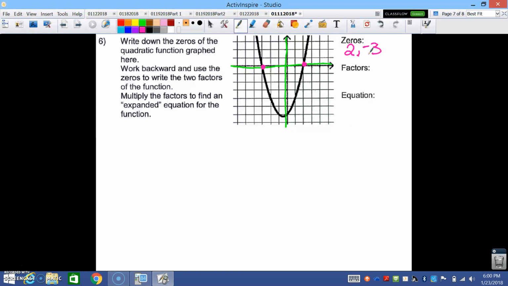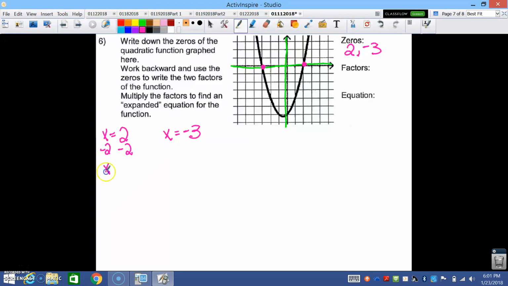Okay, and since they're zeros, we know that x equals that, so we can put x equals 2 and x equals negative 3, right? And when we want to go from our solutions to factors, remember you want to solve for 0, or just move everything to one side, and the way I can do that here is I can subtract 2 from both sides, right?